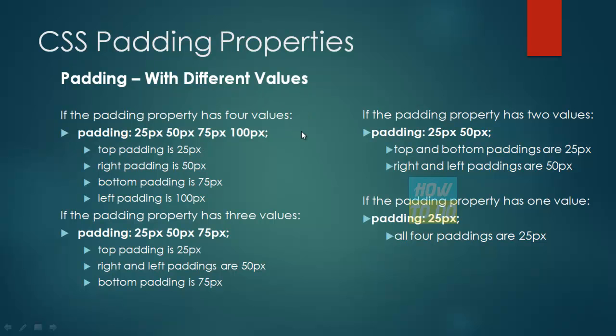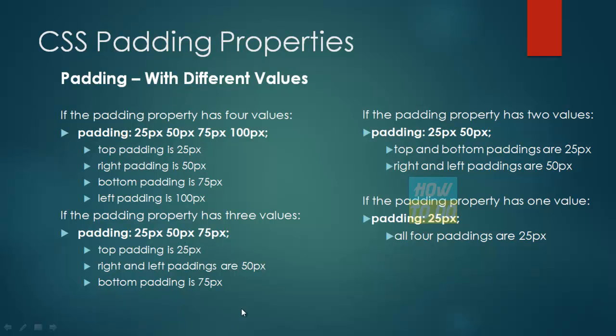This means if the padding property has 4 values, for example if you are giving the padding as 1, 2, 3 and 4, which is top, right, bottom and left, that means the first one is top, the second one is right, the third one is bottom and the fourth one is left. If you are giving only 3 values, that means top padding is 25, right and left paddings are 50 pixels and bottom padding is 75.